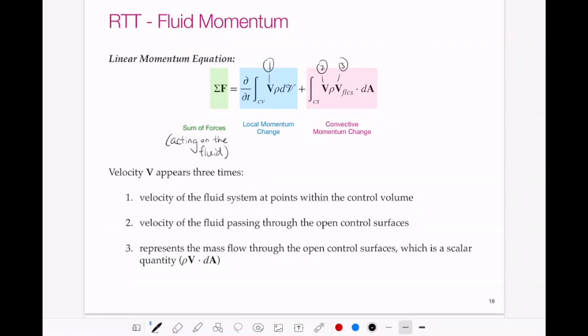The first term is the velocity of the fluid system at points within the control volume. So this could be the velocity with respect to our space within the control volume. 2 would be the velocity of the fluid passing through the open control surfaces. And then 3 represents the mass flow through the open control surfaces, which is a scalar quantity, rho times v dot dA.